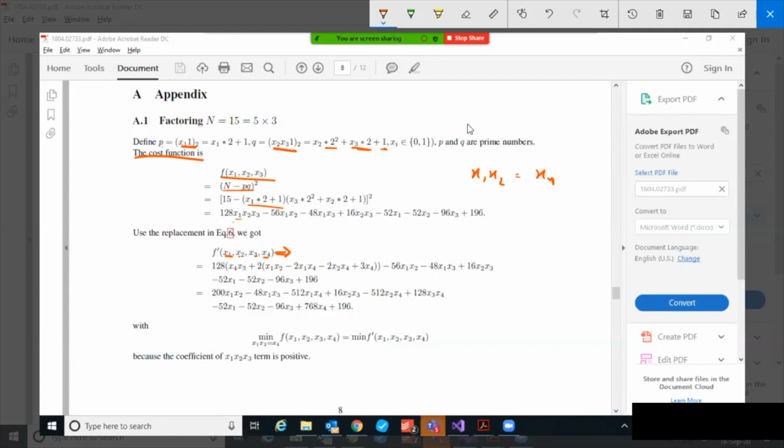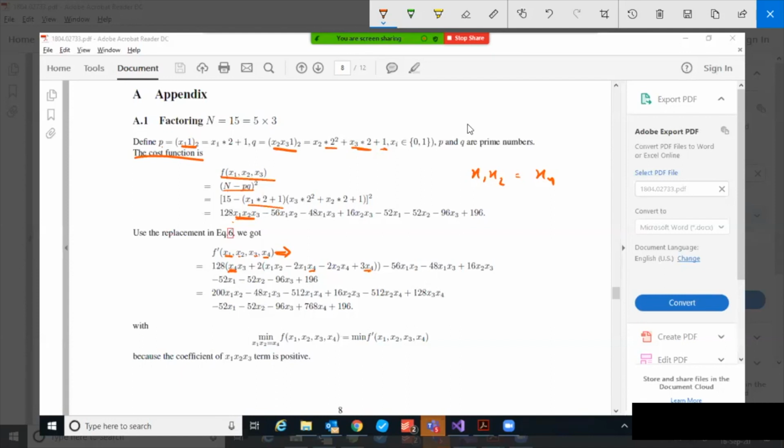In the same polynomial, we just substitute x1 x2 as x4, do some manipulations, and come up with terms with x4. Once we have done that, we have a polynomial which we want to minimize, right?